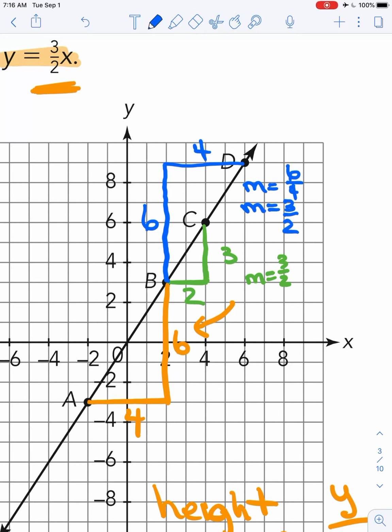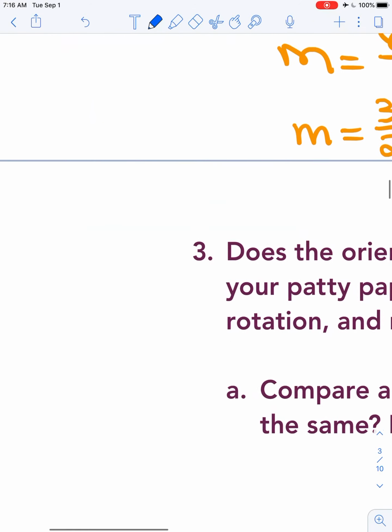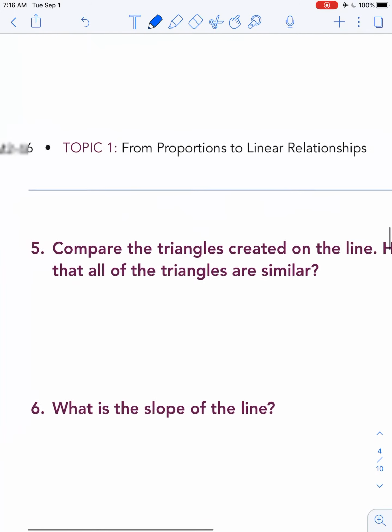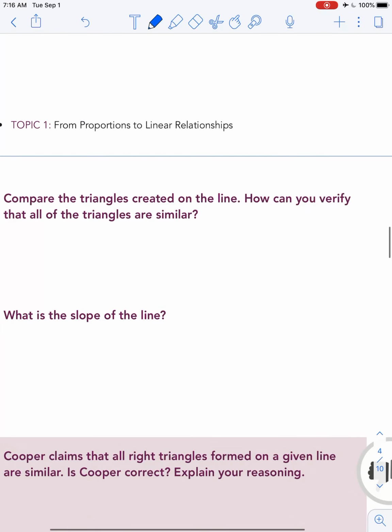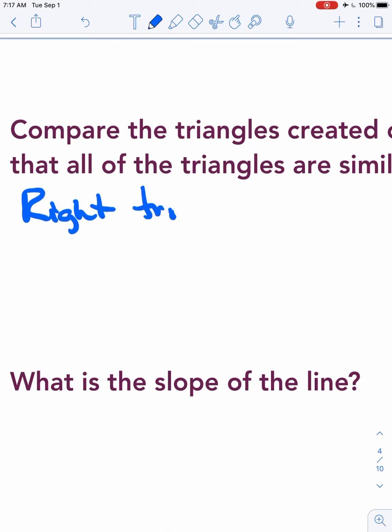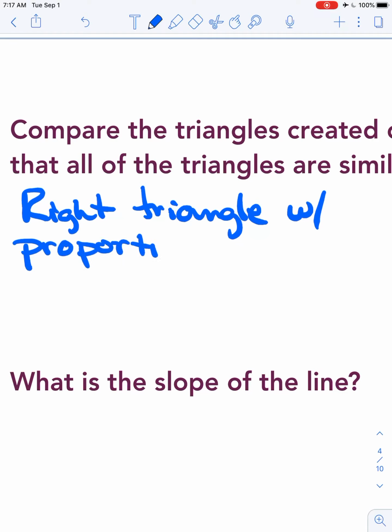So we're going to go over to number 5. We actually did number 4, but we're going to come here to number 5. And it says, compare the triangles created on the line. How can you verify that the triangles are similar? So we have right triangles with proportional sides.